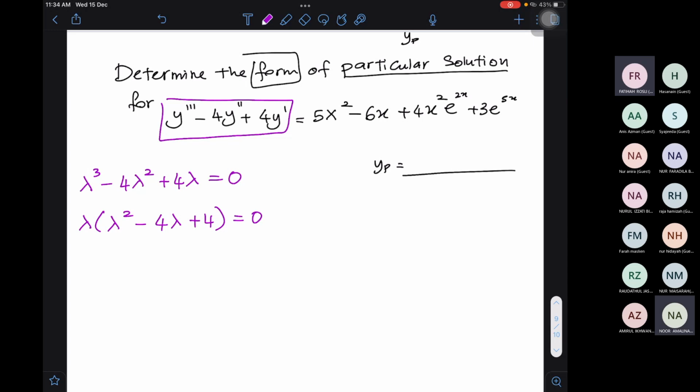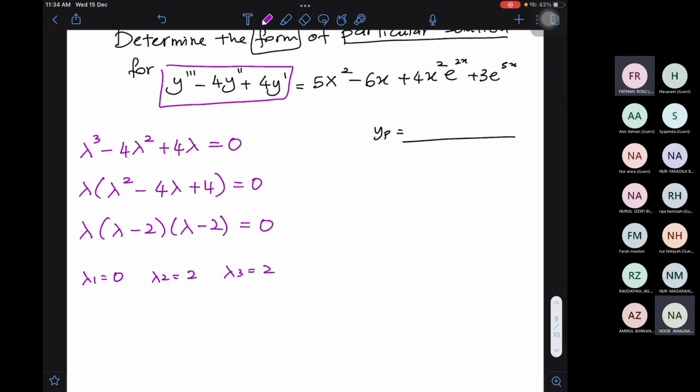Okay, so here you will factorize lambda minus 2 darab lambda minus 2 sama dengan kosong, ataupun you boleh guna kalkulator je. Okay, so what you will get, your lambda 1 equal to 0, your lambda 2 equal to 2, your lambda 3 is equal to 2 also.